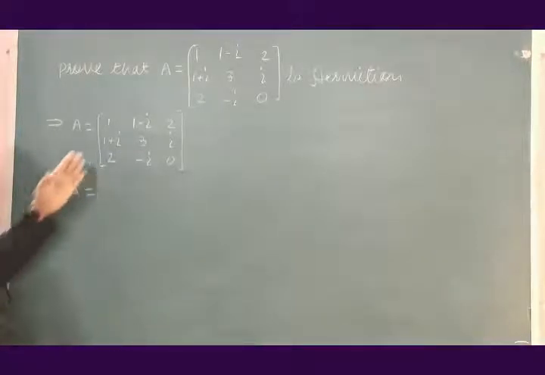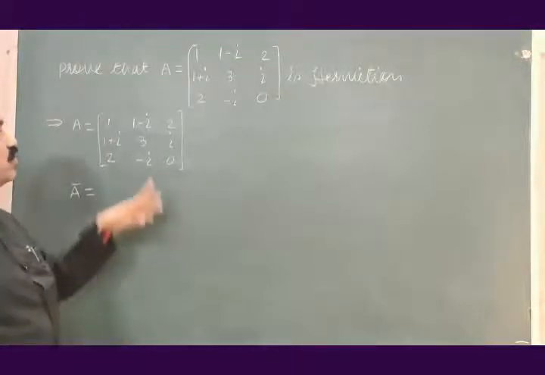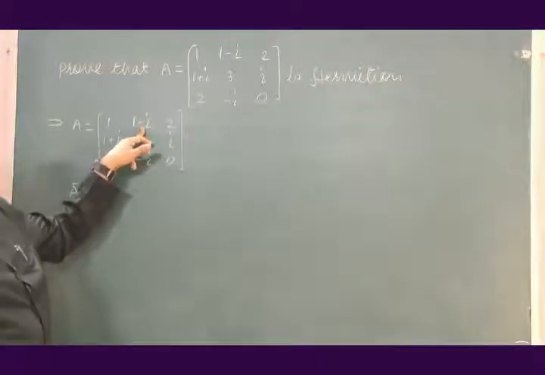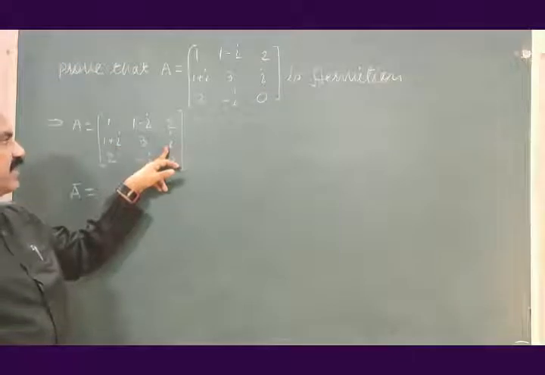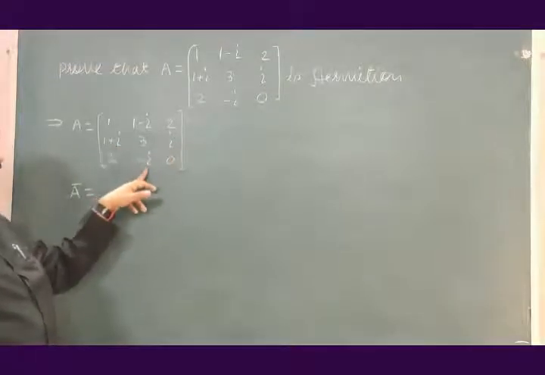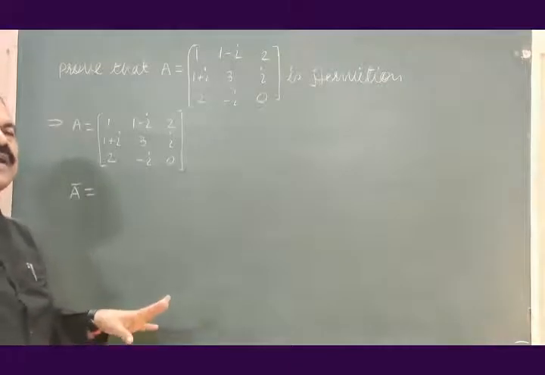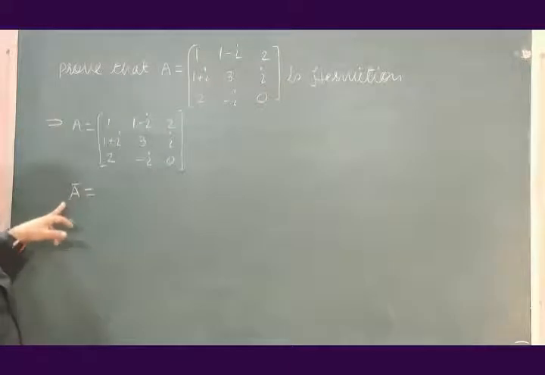A bar will be conjugate of matrix A. To get conjugate, what we do? We shall change the sign of i. Minus i, write this plus i. Plus i, write this minus i. Plus i, write this minus i. Minus i, write this plus i. Change the sign of i of the elements of the given matrix to get the conjugate matrix.